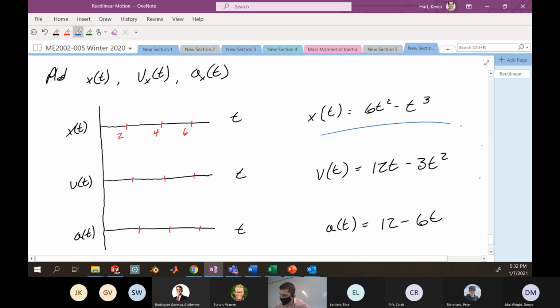All right, my position here. Obviously, at 0, we get 0. At 2, I have 6 times 2 squared, which is 6 times 4 is 24, minus 2 cubed. It's 24 minus 8, which is 16. Well, let's bring that down just a touch.